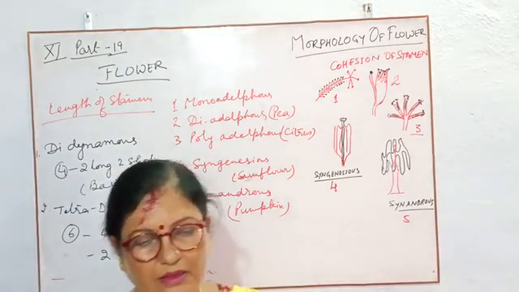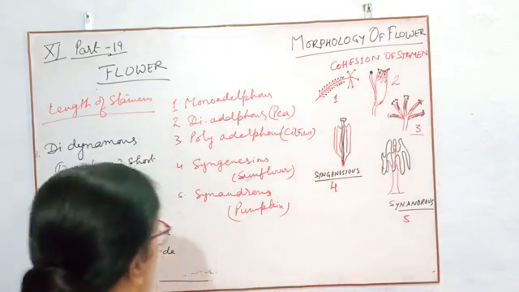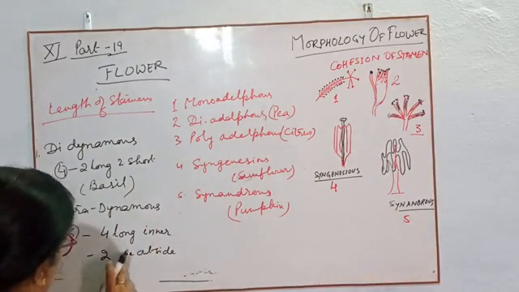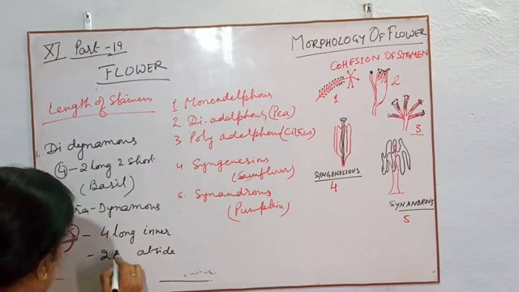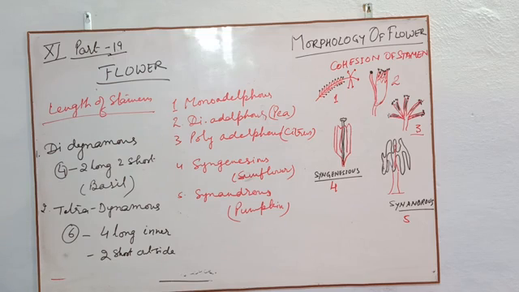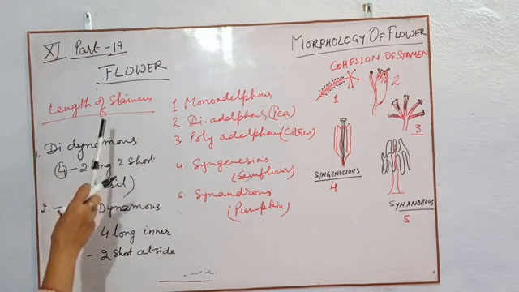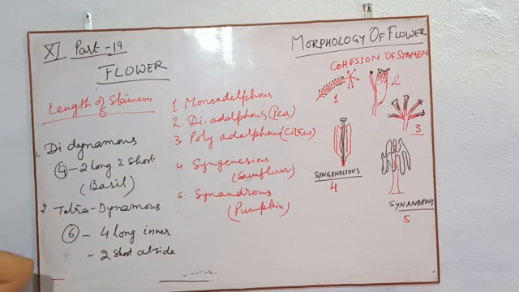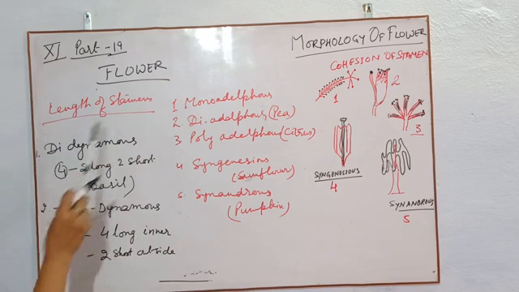Four long, those which are present on the inner side, and two stamens are short, present outside. So there are two types of names of the flower according to the length of the stamen, didynamous and tetradynamous.